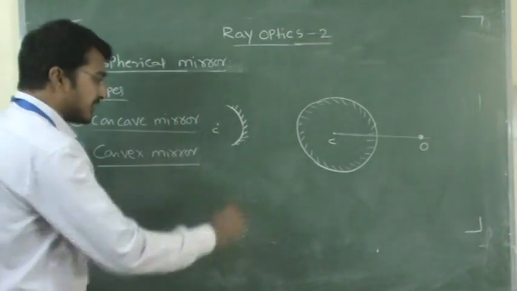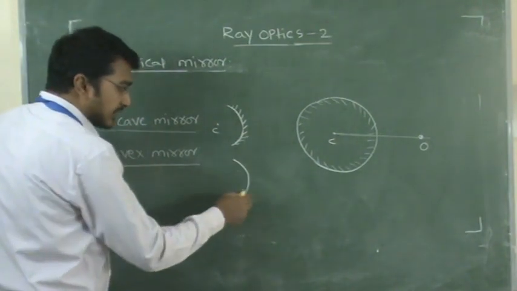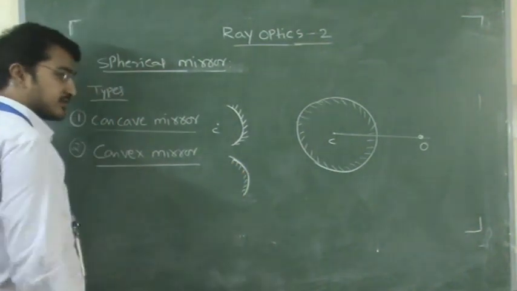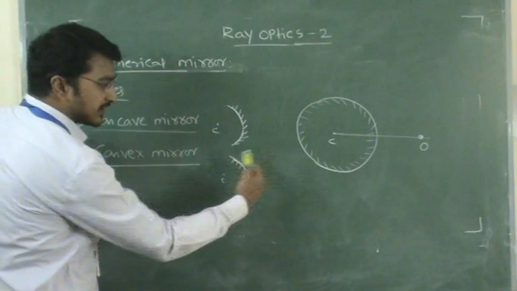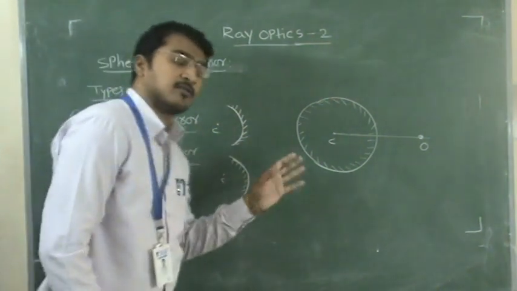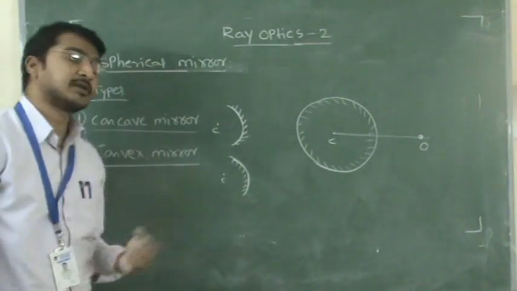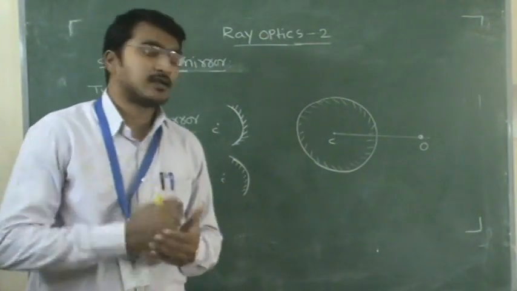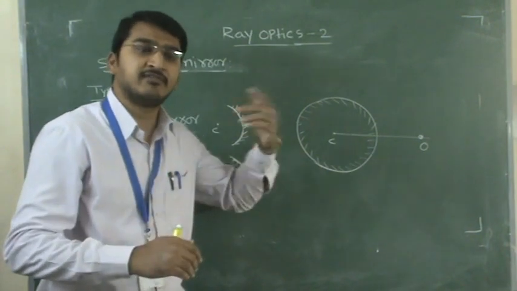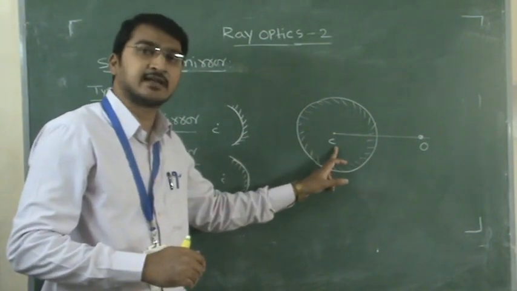So that is the definition. Now C is here, and the reflecting surface is outside. So a convex mirror refers to a mirror which has the reflecting surface away from the center of the sphere.